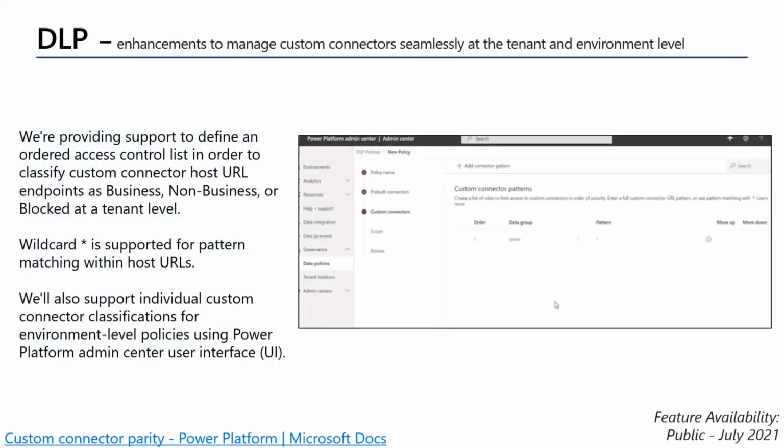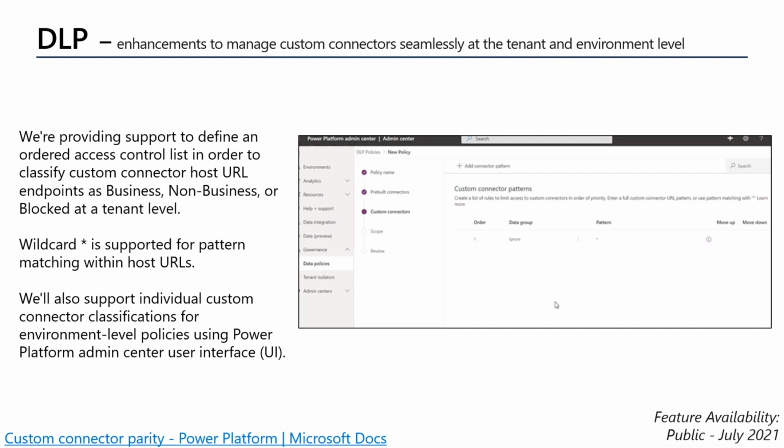So here on the first one, in 2021 release wave 1, we are providing support to define an access control list in order to classify custom connectors' host URL endpoints as business, non-business, or blocked, and this will be at tenant level.